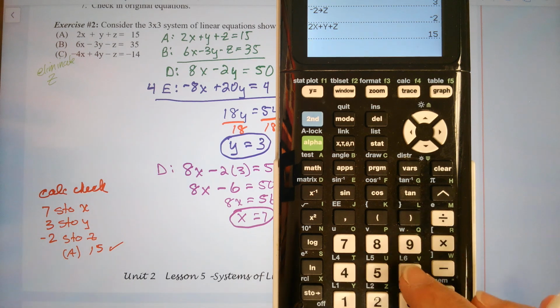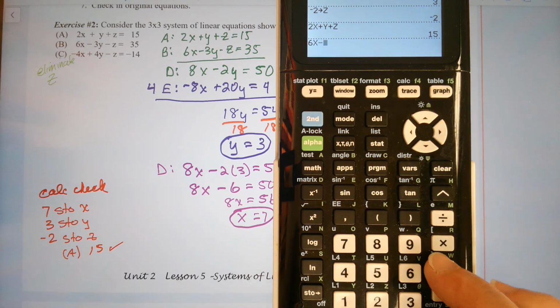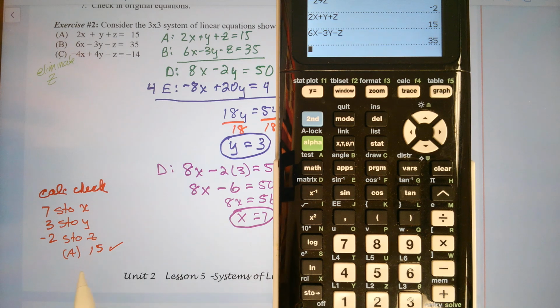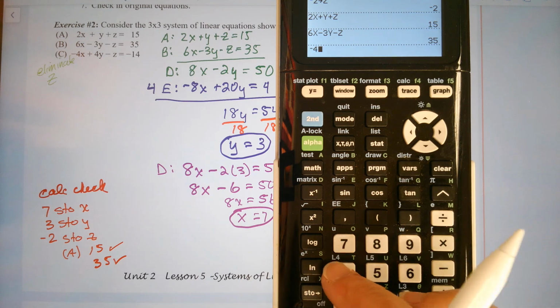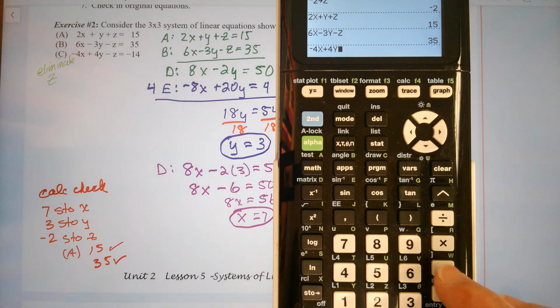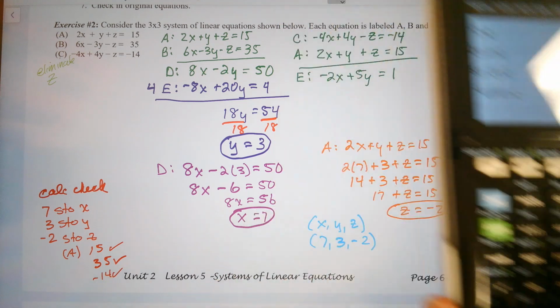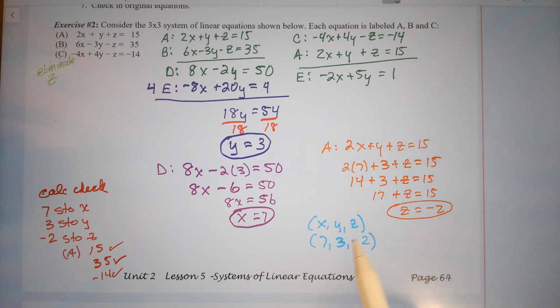Do the same for equation B, 6x minus 3y minus z is 35, so B is 35, that checks. And C, -4x plus 4y minus z is -14. Awesome, so that's correct. So that is our solution.